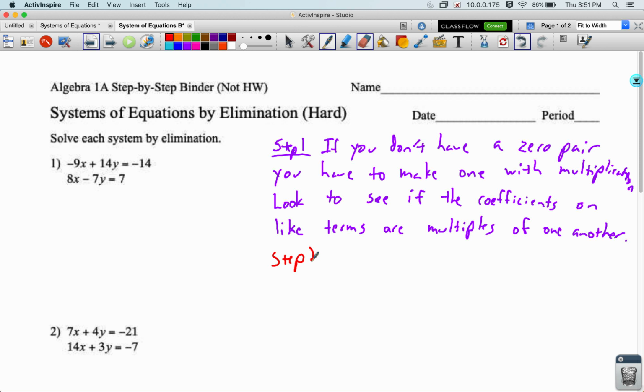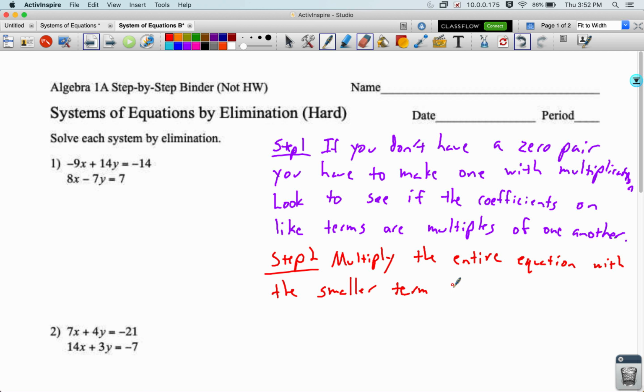step 2, which is multiply the entire equation with the smaller term by, we'll say, the number needed to form a zero pair.